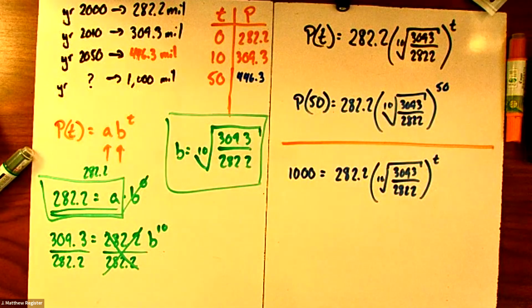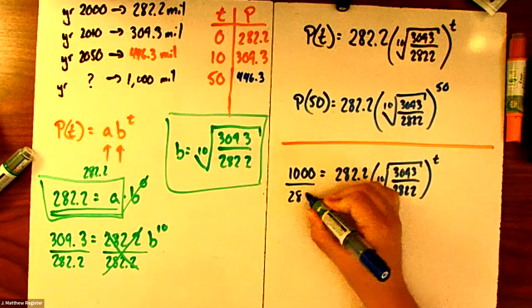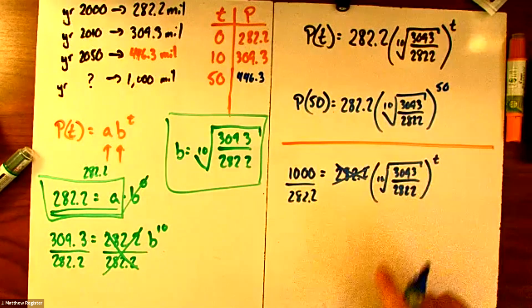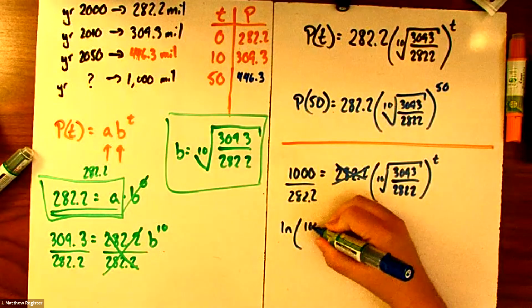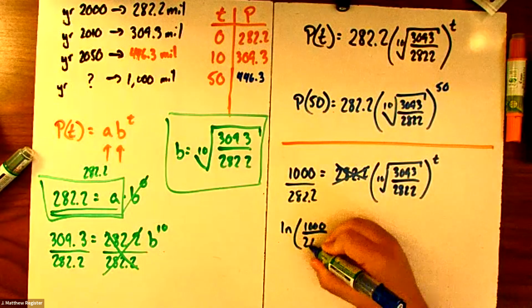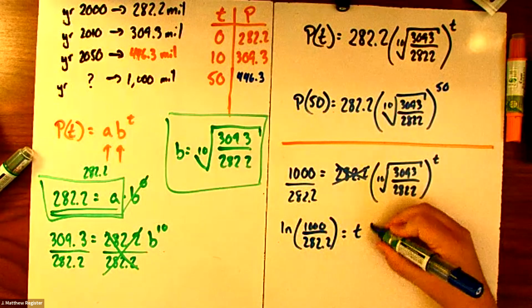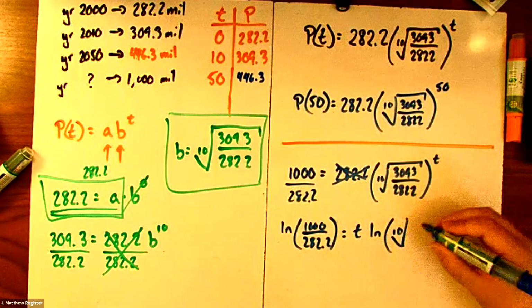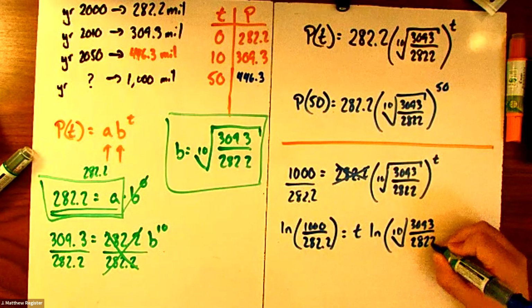To solve for T, we're going to need logarithms. And so we can start by dividing by the 282.2. But now to get that T down, we're going to need to take the natural log. So natural log of 1,000 over 282.2 equals T times the natural log of the 10th root of 3093 over 2822.